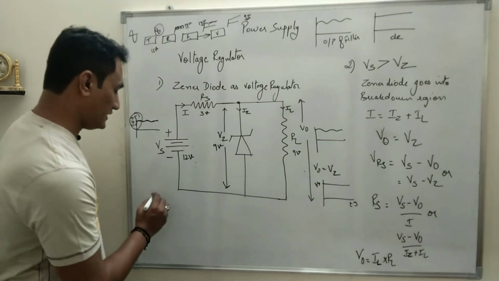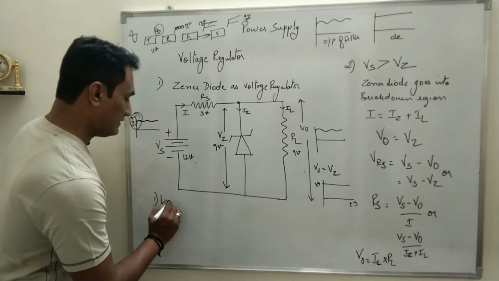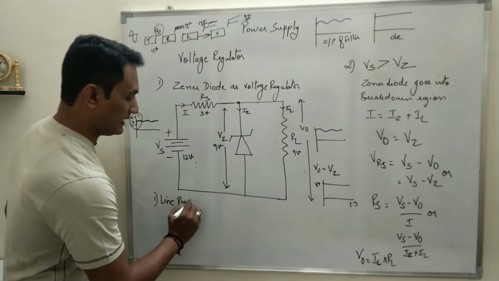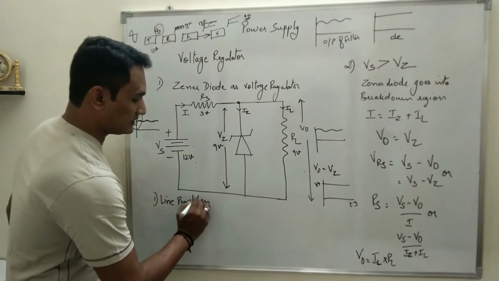The first one is called line regulation. Okay, line regulation. Please try to understand this thing.